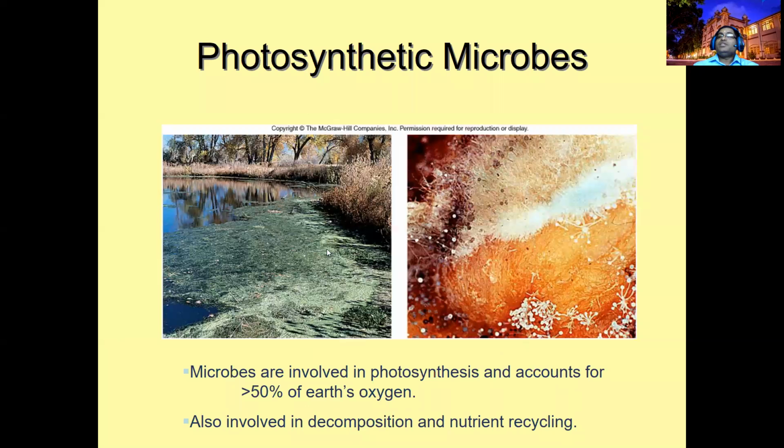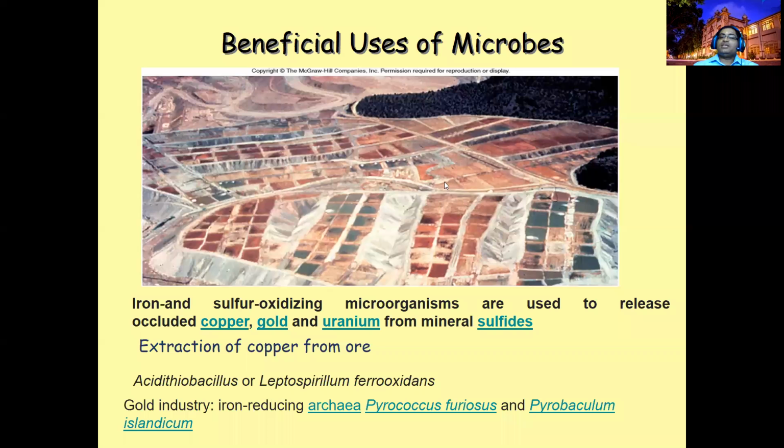In this way they are helping, and also they are decomposing and helping the nutrient cycle. And another one is copper, especially in Australia, right? The ore is there. It's pure copper, we call it an ore. Gold particles are also there in the pure ore.